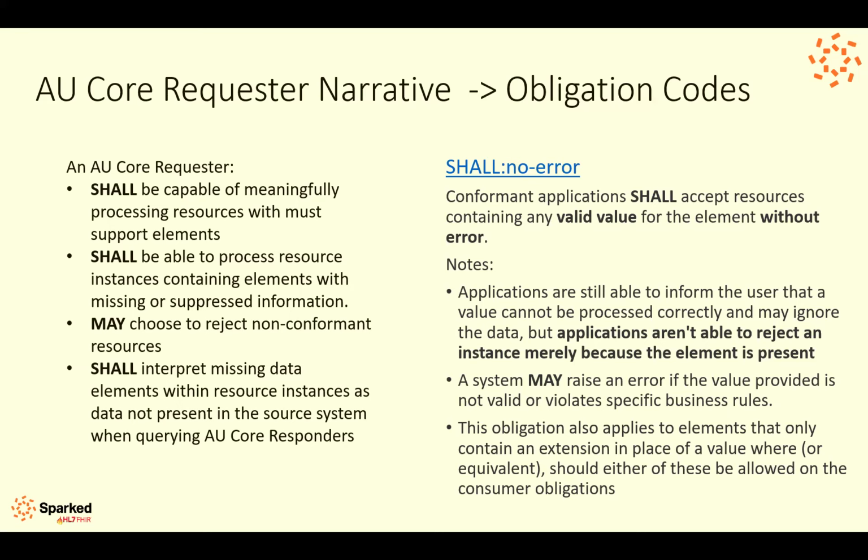And so this shall no error seems to be very close to saying, well, that's the preferred FHIR behavior for everything that isn't must support. So that winds up being, as Andy said, a really low bar. And in fact, I go so far as to say it's so low that it winds up being noise. You're saying don't error on it, you can ignore it. That seems to be what FHIR expects you to do for things that aren't must support.